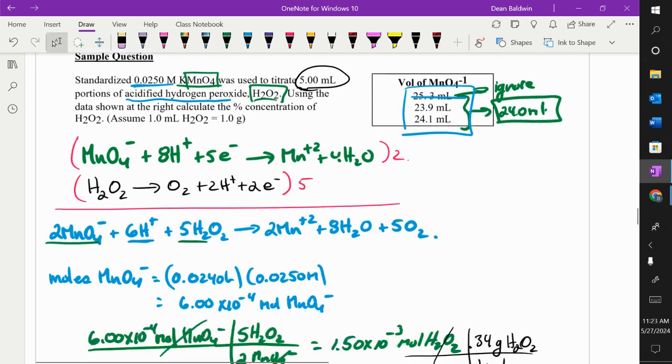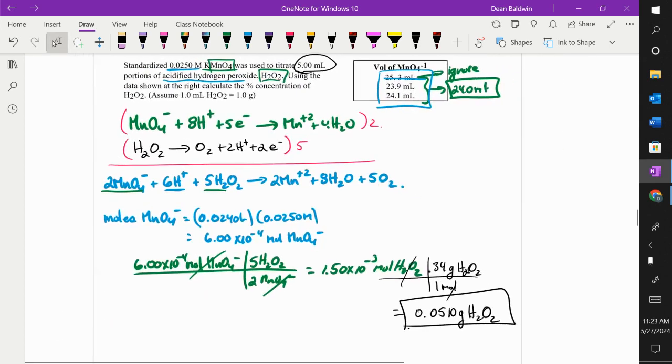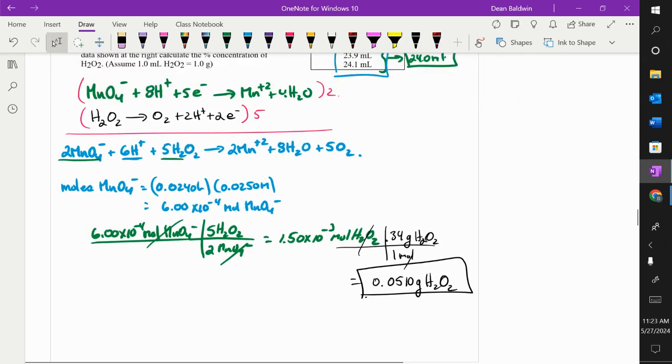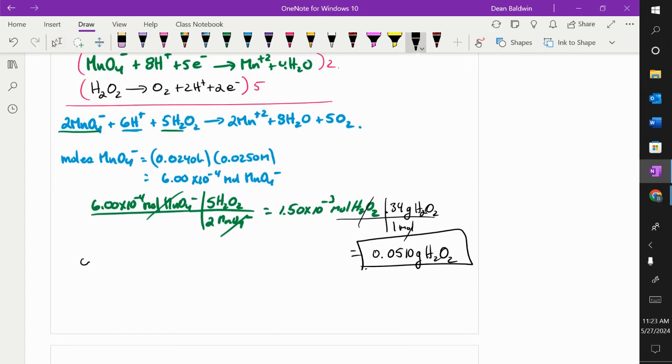a 5 ml sample. So what's the percent concentration? Well, the percent concentration is going to be the measured, actual, whatever you want to call it, actual amount divided by theoretical.